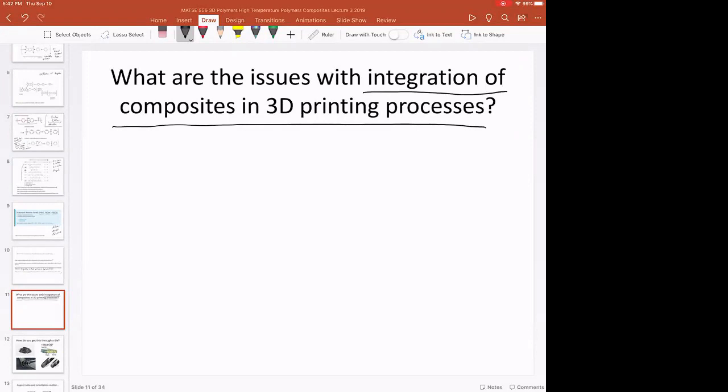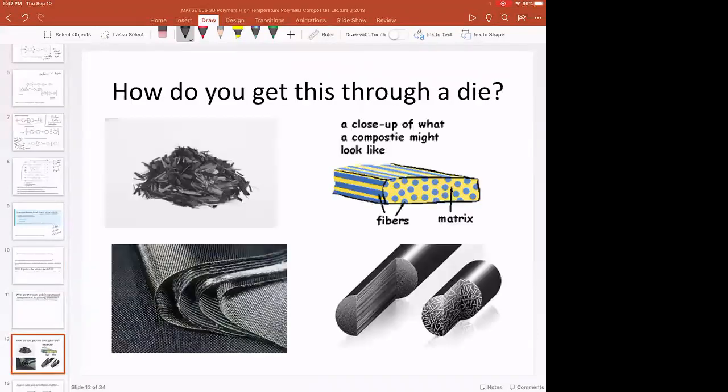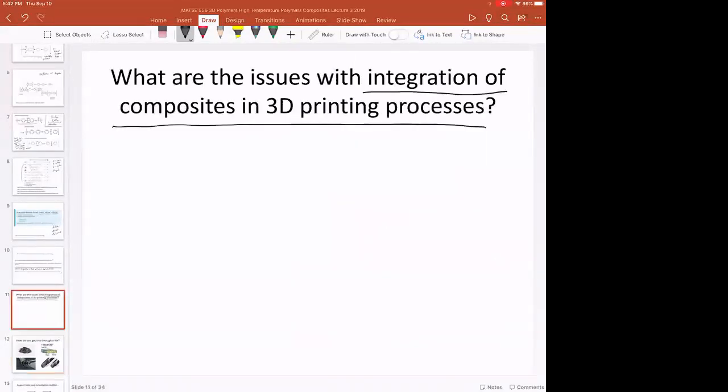But now that you think of composites, so polymers with particles in it, like this, for instance, so you might fill a polymer with carbon fiber, or you might fill a polymer with silica, or you might fill a polymer with metal particles. What are some of the issues now with integrating composites into an additive manufacturing process? People want to chime in or type it into the chat. I'm interested in what are some of the things that might crop up here?